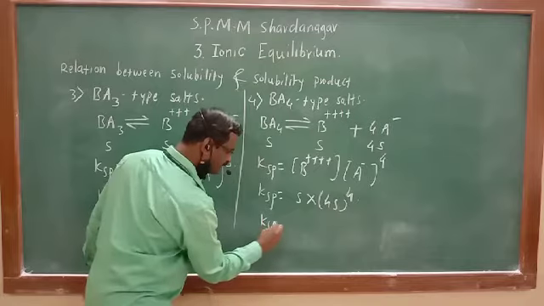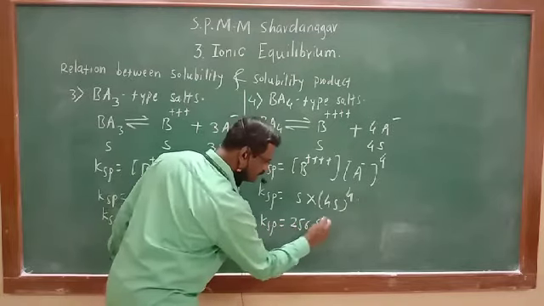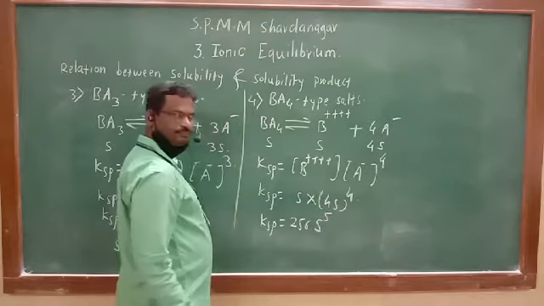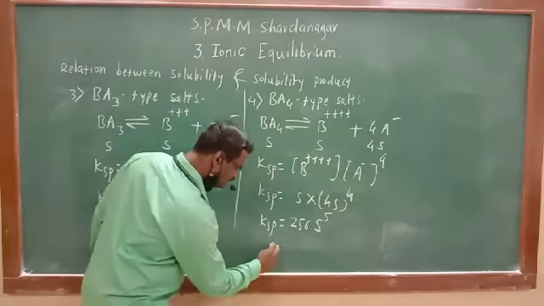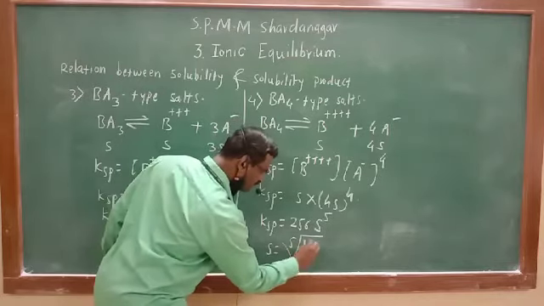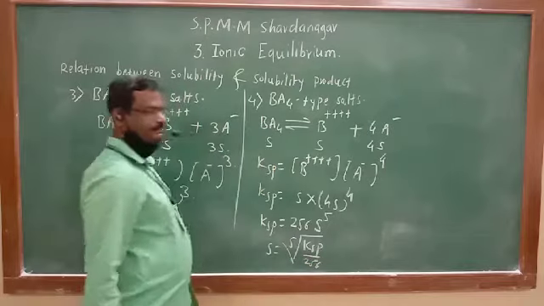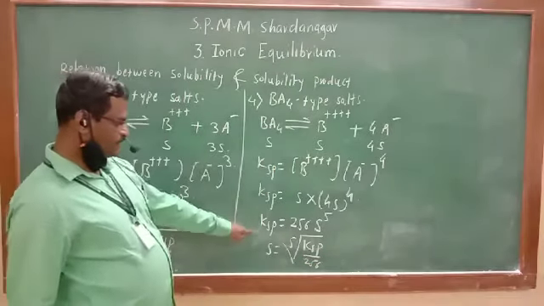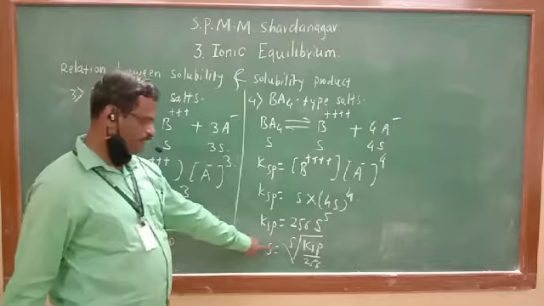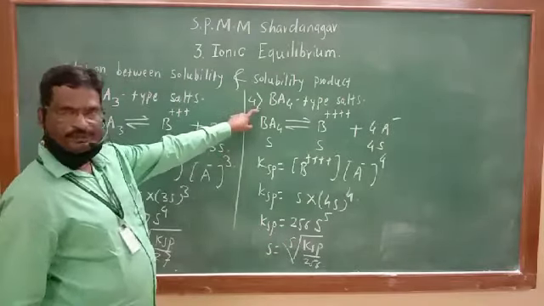Therefore, Ksp is equal to 256 s raised to 5, or s will be equal to the 5th root of Ksp upon 256. This is the relation between solubility and solubility product for the fourth type of salt.